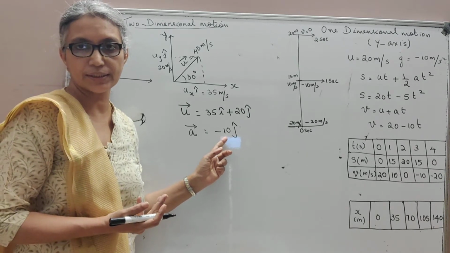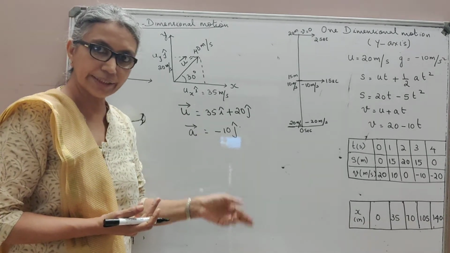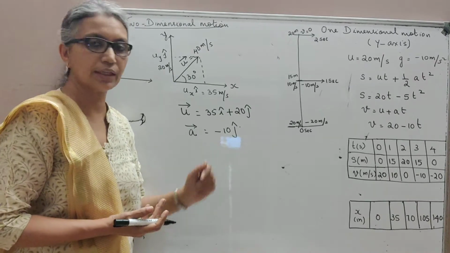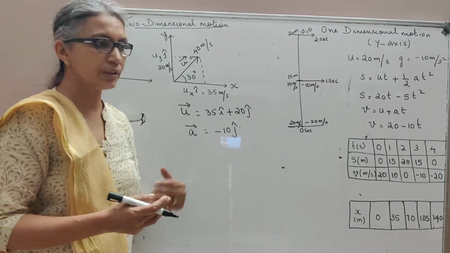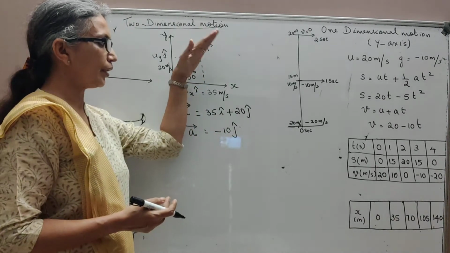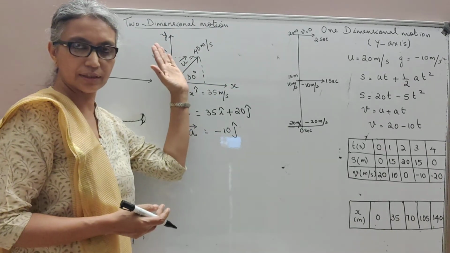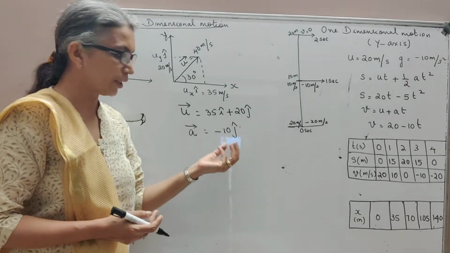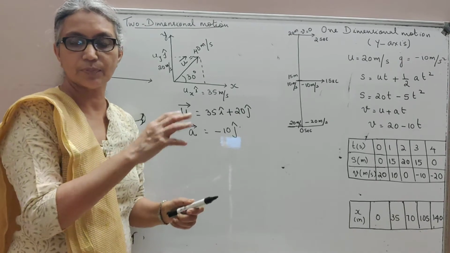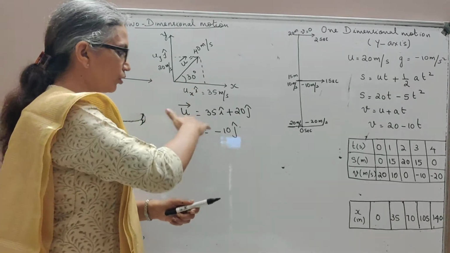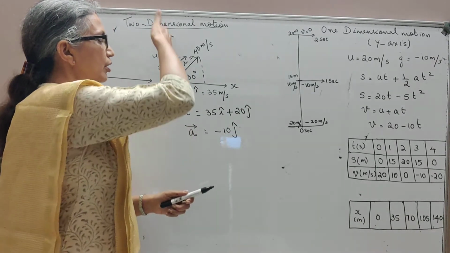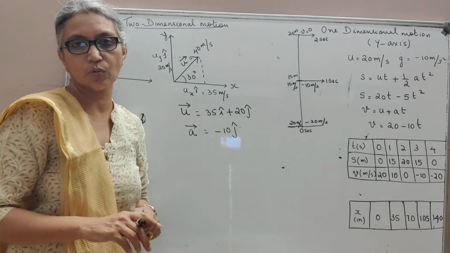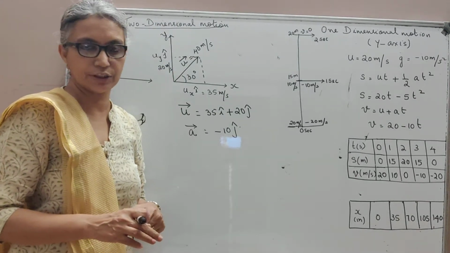I have rounded it off to minus 10, and it is along the negative y-axis, so minus 10 j cap. I repeat, this acceleration can also have x and y components. But to keep things simple, let's imagine that this body has no x component of acceleration, but the acceleration is only along the negative y-axis, like acceleration due to gravity.